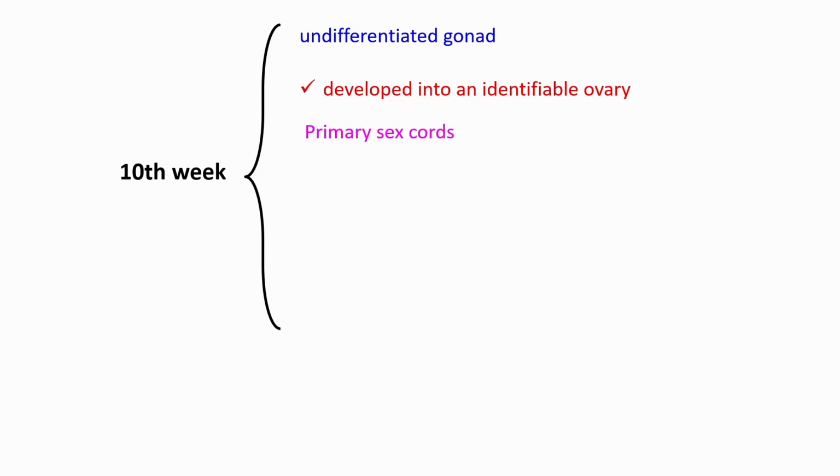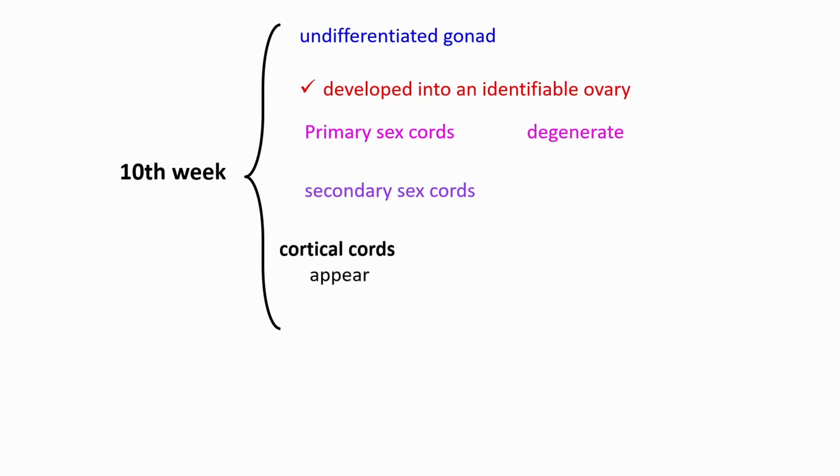They are the epithelial cells of the oocyte going into the genital ridge, and we talked about why we call them primary, because they are going to change in nature. These primary sex cords will degenerate, they will die and disappear, and secondary sex cords are going to appear.